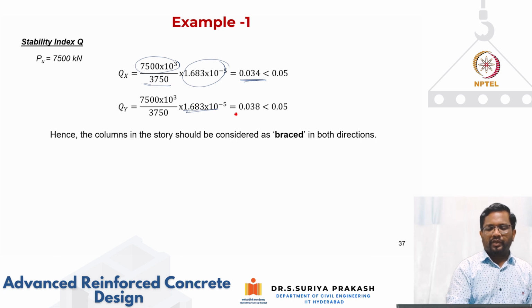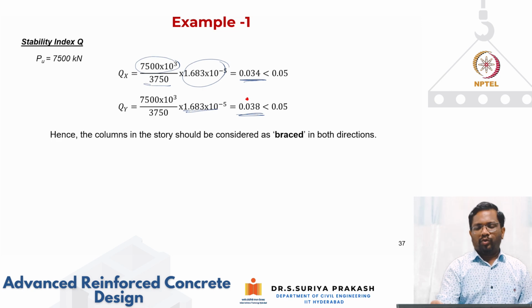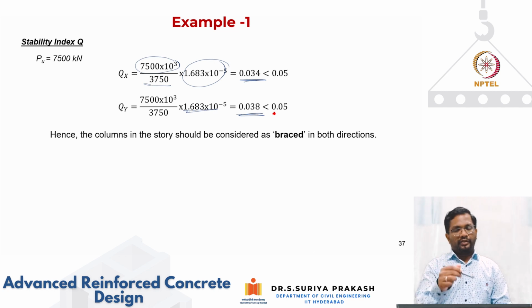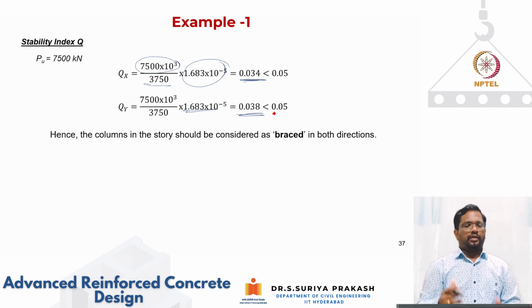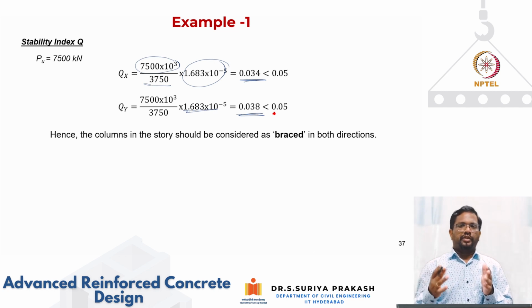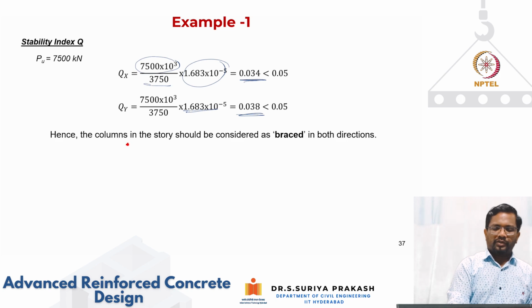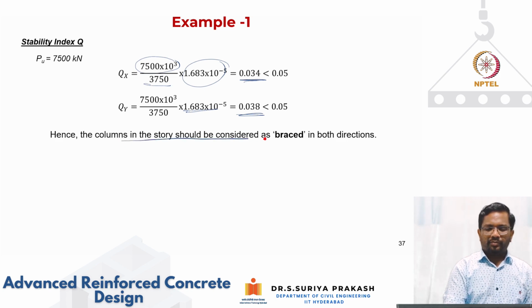Though it is higher, I get a stability index of 0.038. Both of them are less than 0.05. So that means, though I do not have shear walls in this particular case, the dimensions of the columns and beams are quite adequate, right? So the columns in the story can be considered as braced.